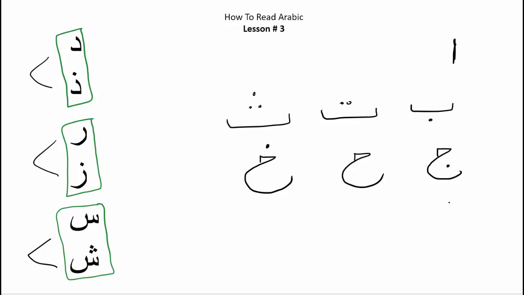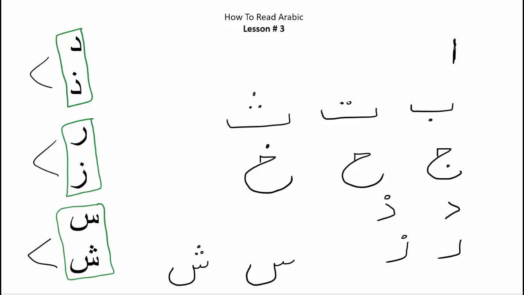Then we have dal, like a greater than sign, and zal. Okay. And then we have ra, boomerang, and za. And then we have seen, and then sheen, okay, which is SH sound.